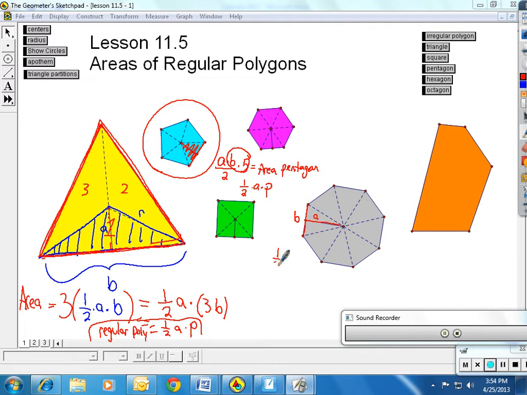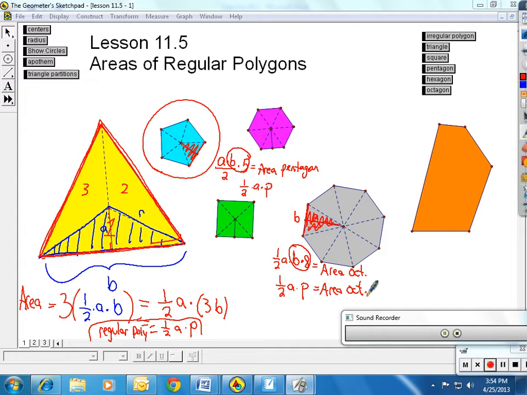So I take 1/2 the apothem times my base, and that equals this area. And then I've got 8 of them. I've got to multiply this all by 8 to get the area of the octagon. And what is 8 times b but the perimeter? 8 bases is the perimeter. So 1/2 a times p equals the area of the octagon. And we could go on and on and on.